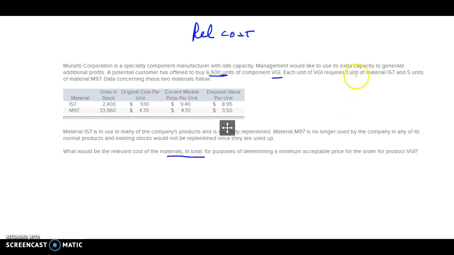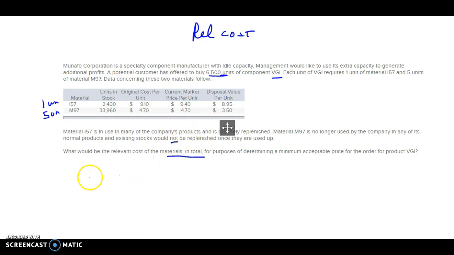And each unit requires 1 unit of I-57 and 5 units of M97. And I-57 is in use and is regularly replenished. M97 is no longer in use and will not be replenished. So what is our relevant cost for those materials?